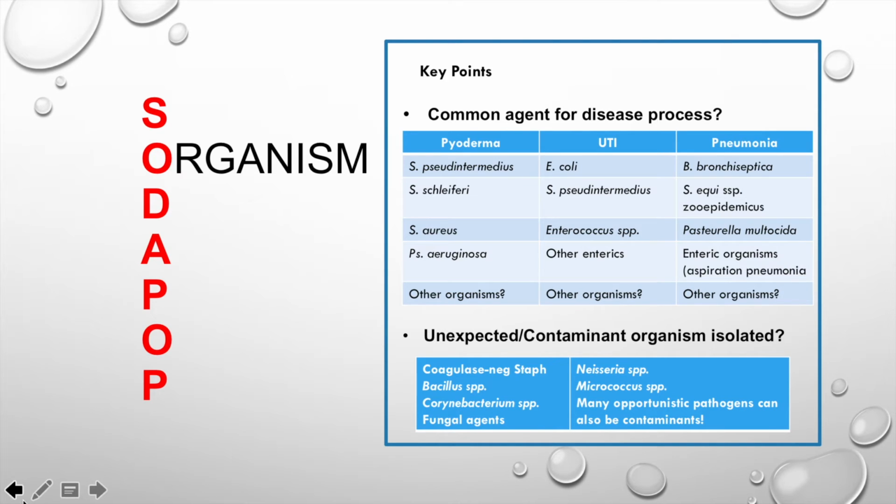It is important to note that many opportunistic pathogens can also be contaminants. For example, Enterococcus or E. coli, when isolated from the skin, may not cause disease. When considering the clinical relevance of an organism, the results of histopathology and cytology can also be used.